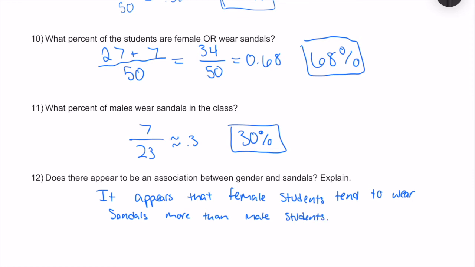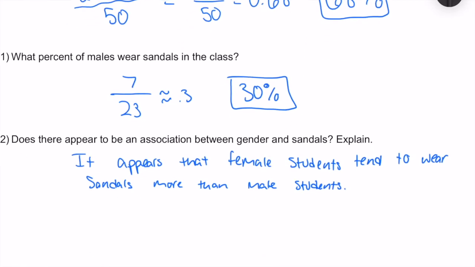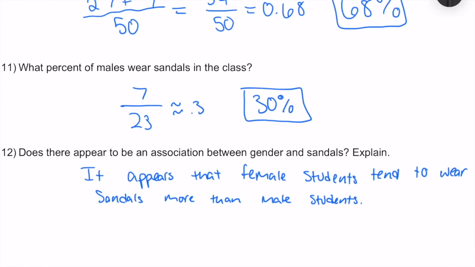That being said, we also have to understand that our data is specifically looking at students in one class, so we can't use this data or this tendency for the generalization that there's an association between gender and sandals of all people as a whole.